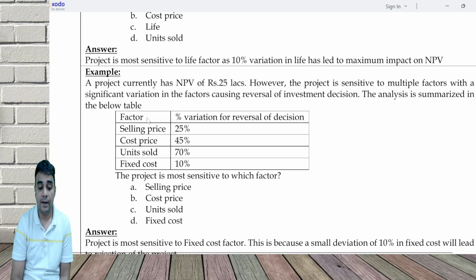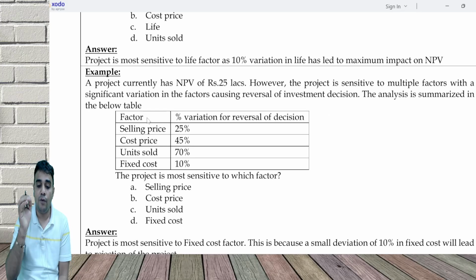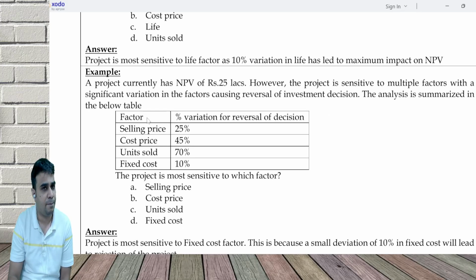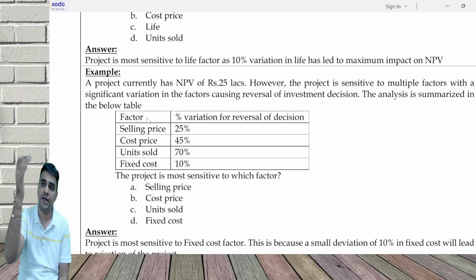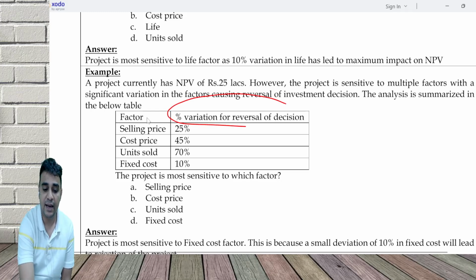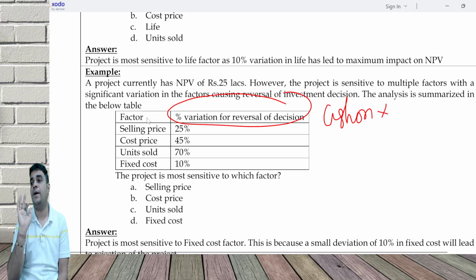Next, a project currently has an NPV of 25 lakh. However, the project is sensitive to multiple factors, and a significant variation can cause reversal of the investment decision. Reversal of investment decision means from positive NPV you will get to negative. Indirectly, this is the cushion available. Selling price, you have a 25% cushion.